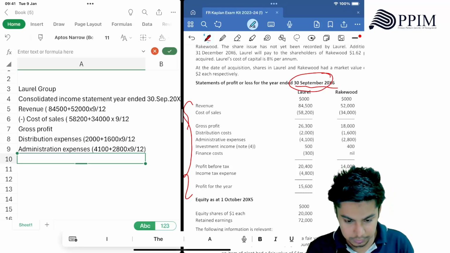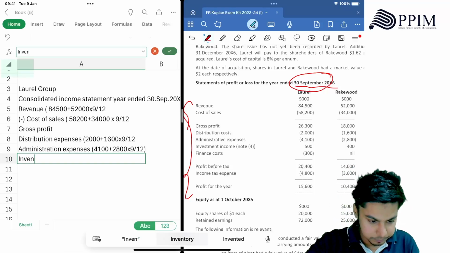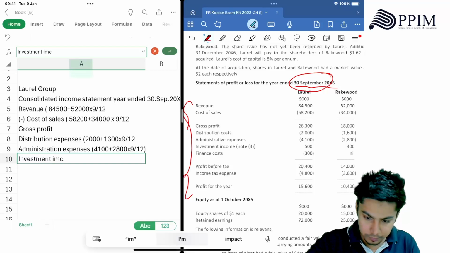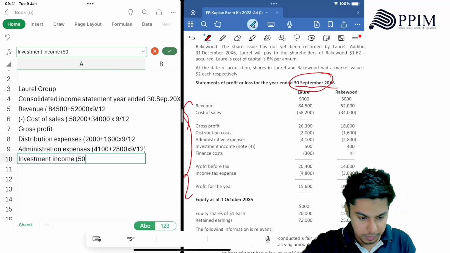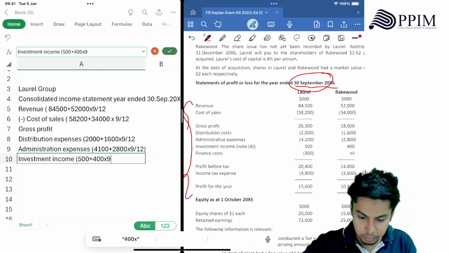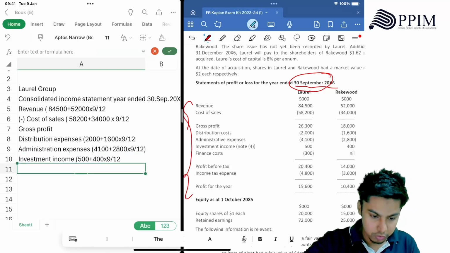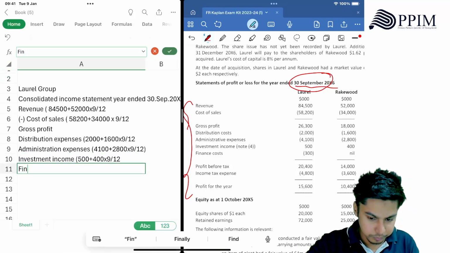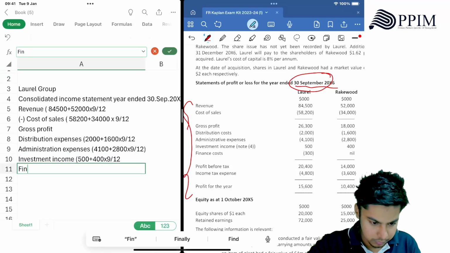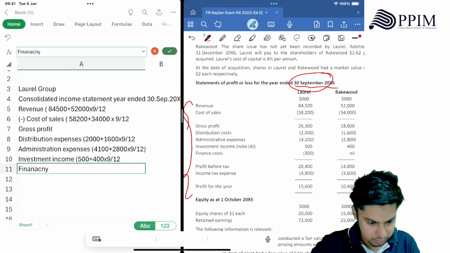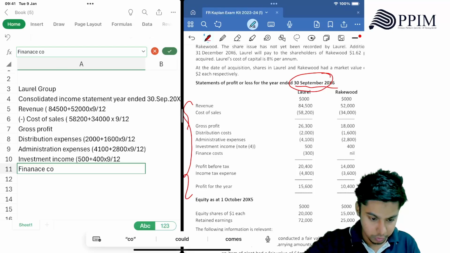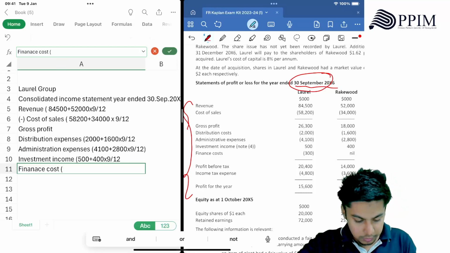All good. Next one, investment income. Start marking that also: 500 plus 400 into 9 over 12. Finance cost, copy that also, guys: 300.